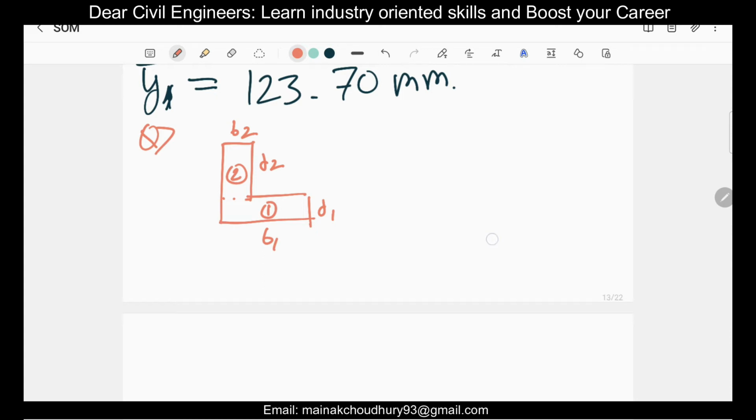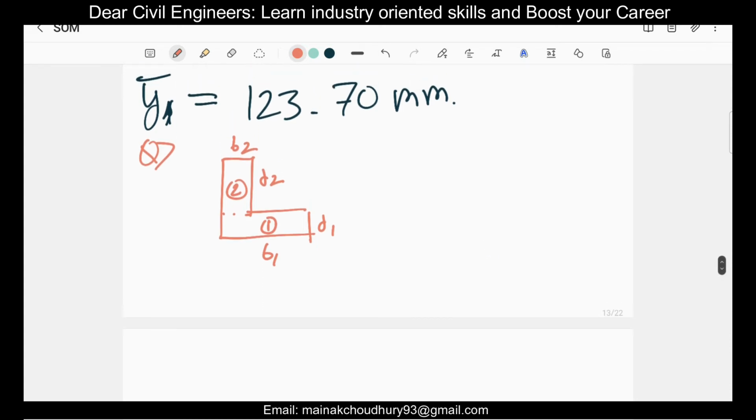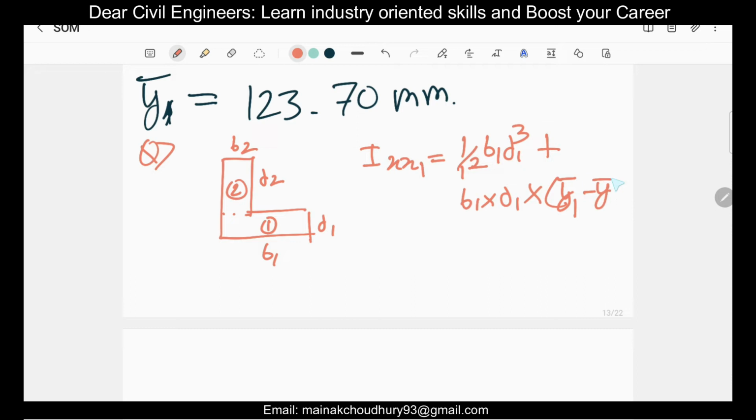So when it comes to moment of inertia, let's take the moment of inertia along the x-axis. So Ixx, suppose for any particular part, let's take Ixx1, for example 1 by 12 b1 d1 cube, plus b1 into d1, into y1 minus y bar.